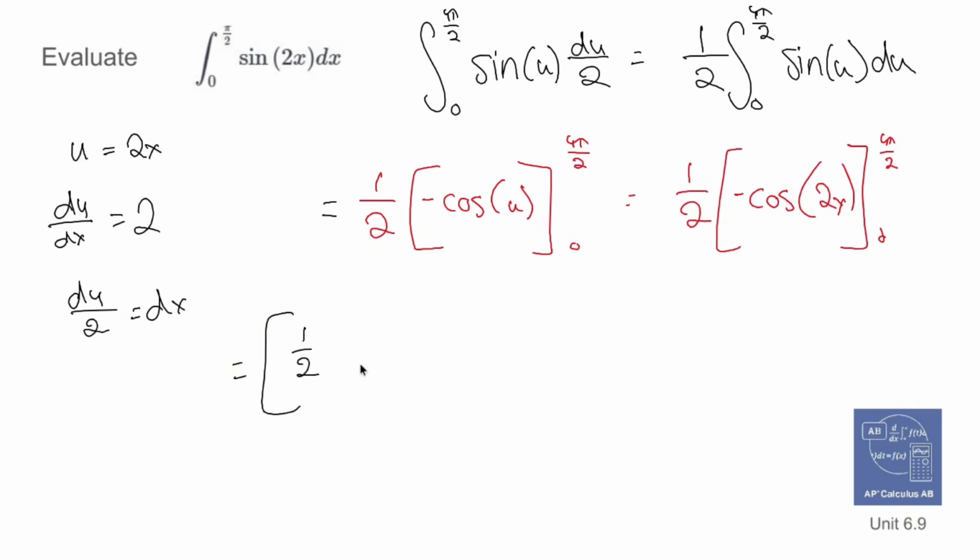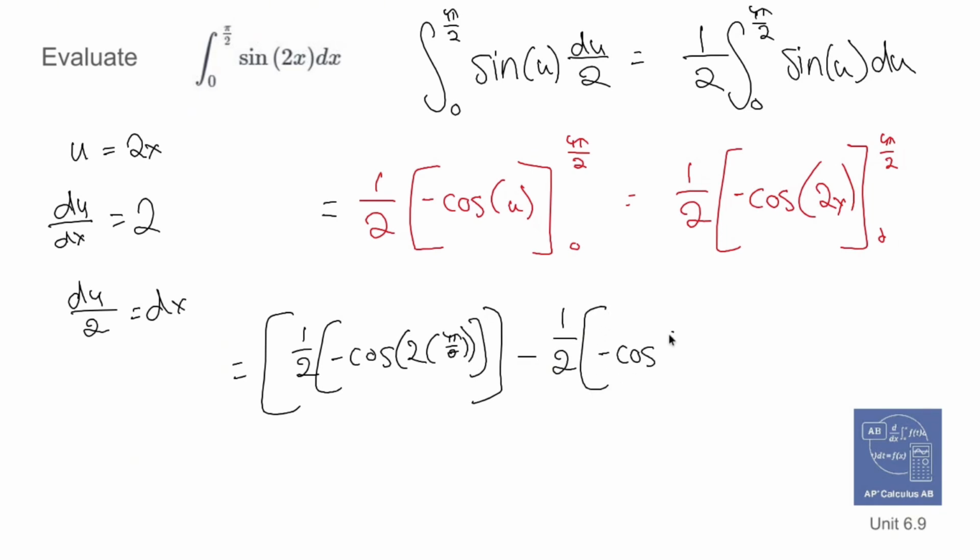I have 1/2 negative cosine of 2 times pi over 2, close it, bracket it, minus 1/2 bracket negative cosine 2 times 0, close it, bracket it.